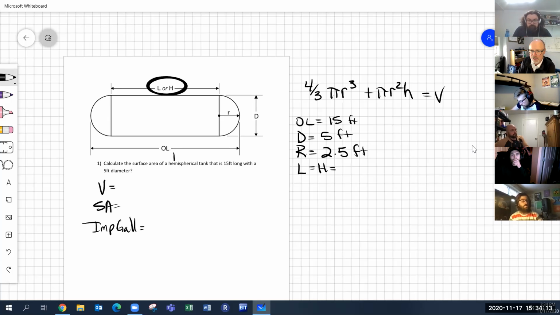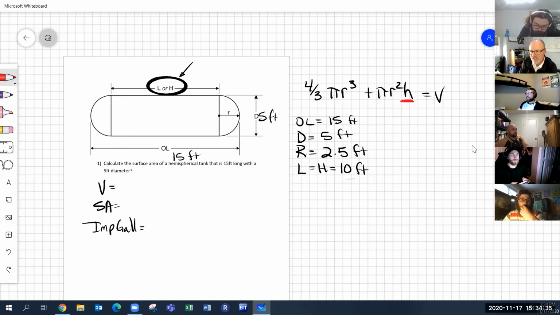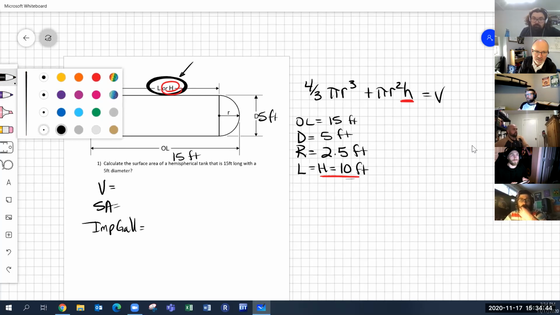So if my overall length is 15 feet and my diameter is 5 feet, what is my height here? 10 feet. This is the biggest mistake that everybody makes. And that there is the height of the cylinder. So I'm going to emphasize this a little bit. This height is this height. It is the height of the cylinder.